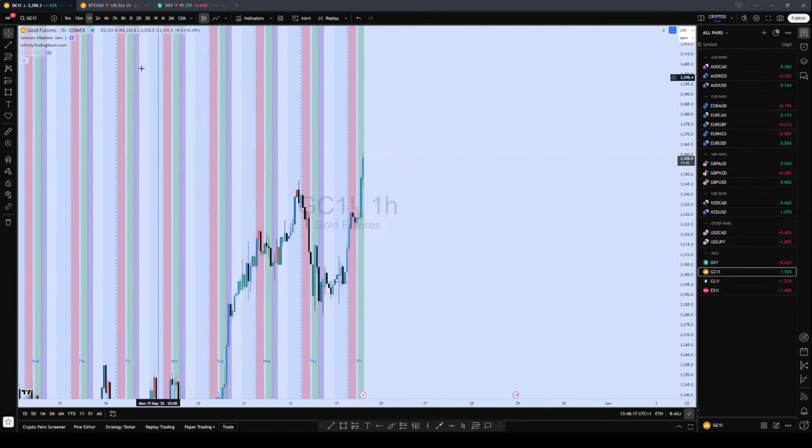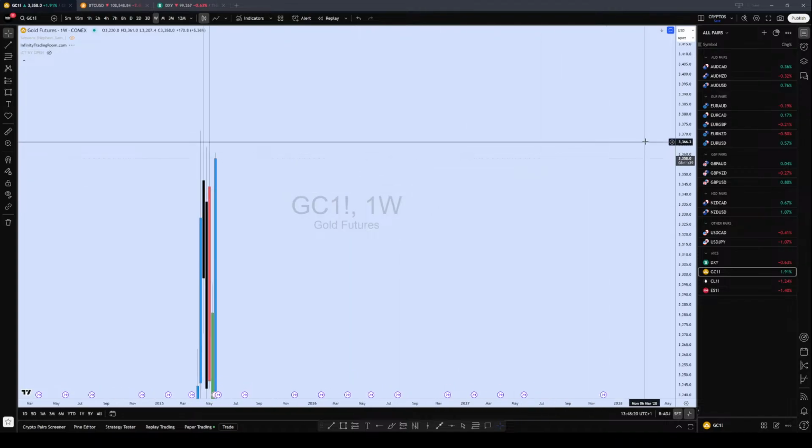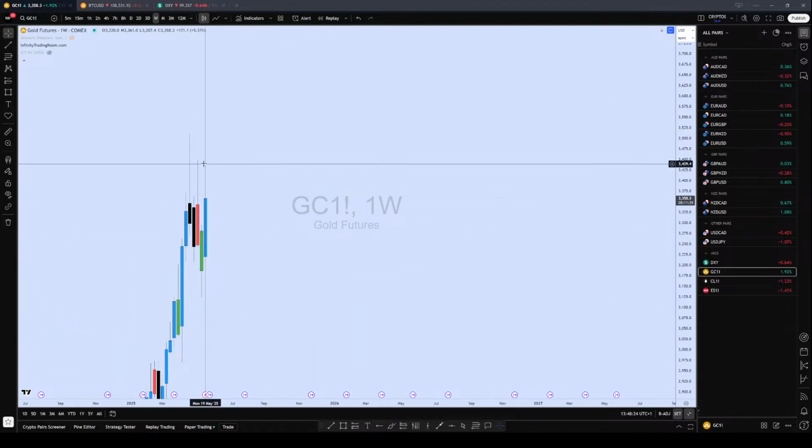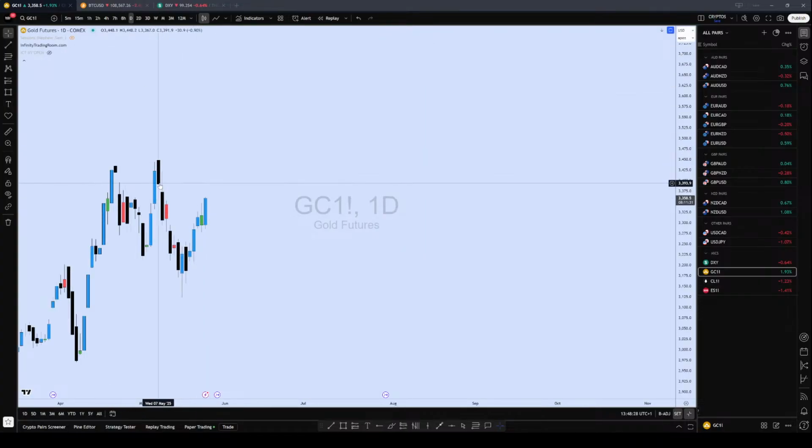Okay, so gold, we are resuming going up, and I like that. Next week we will go up one more time to attack this high. On the daily, we might struggle a little bit here, but ultimately we'll trade through it. So Monday, I like the fact that we have this down candle there.